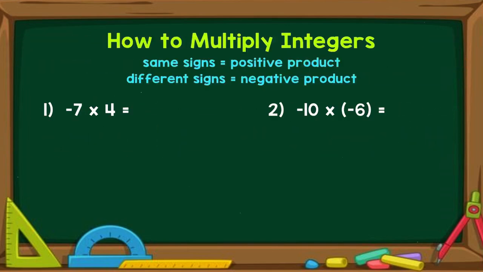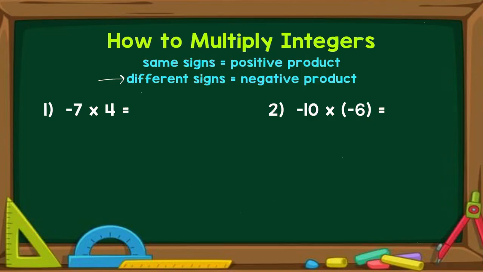Let's move on to multiplication. Here are our examples for multiplying integers. Let's jump into number 1, where we have -7 times +4. We have a negative times a positive, so we are working with different signs.